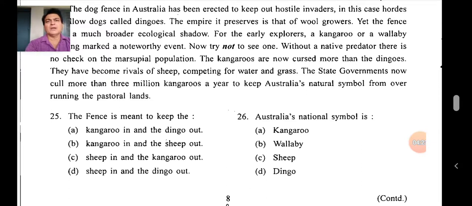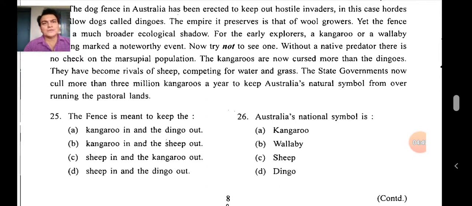So a question can come from anywhere. It can be from the first sentence or it can be from the last one. Now here the state governments now cull more than 3 million kangaroos a year to keep Australia's natural symbol from overrunning the pastoral lands. You have to infer the answer.